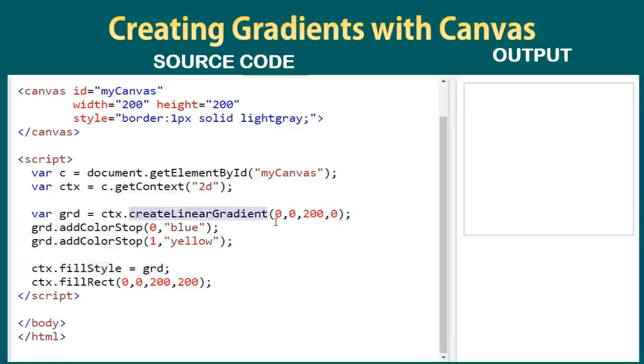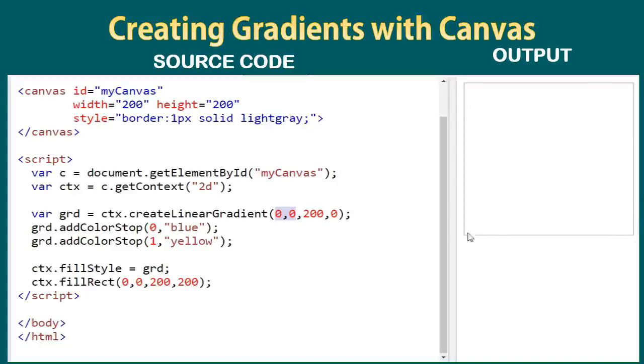To create the gradient, we use the method createLinearGradient, which consists of 4 parameters. We have to create a gradient from the point 0, 0. And the gradient should extend all the way to this point, 200, 0.